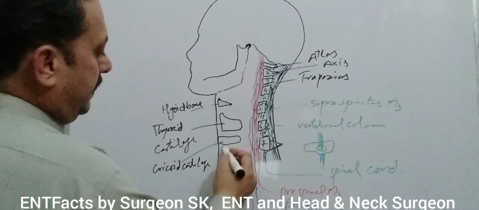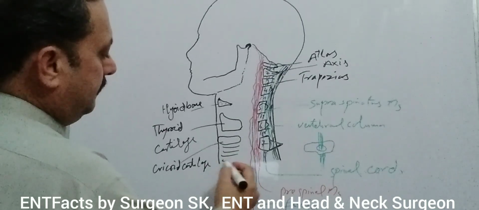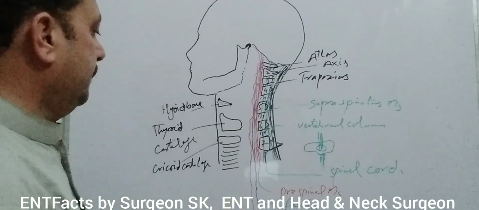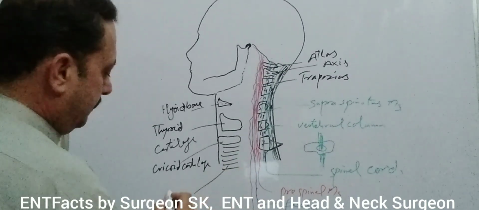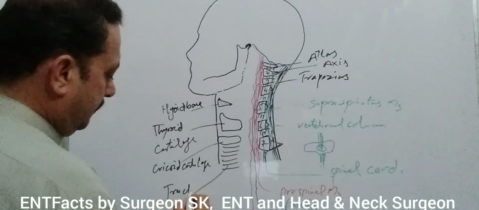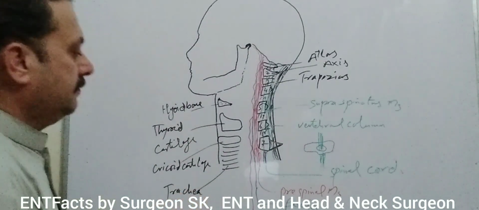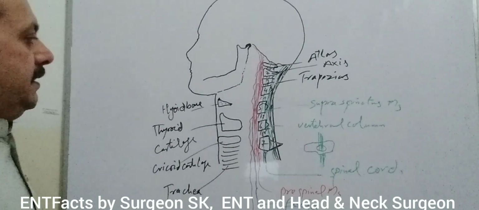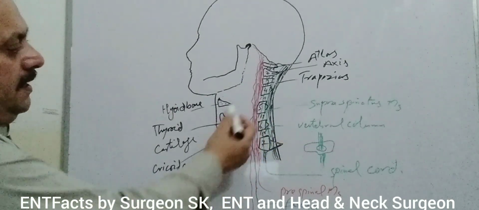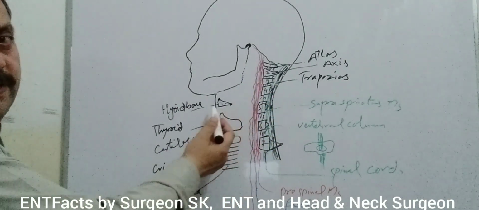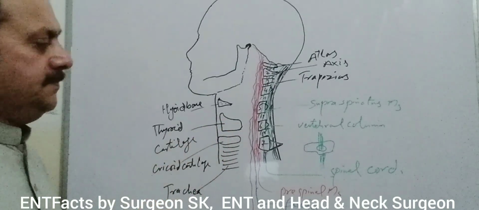Lower to this start the tracheal rings. These are the structures from the back to the front of the neck.